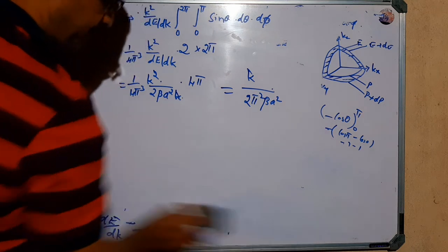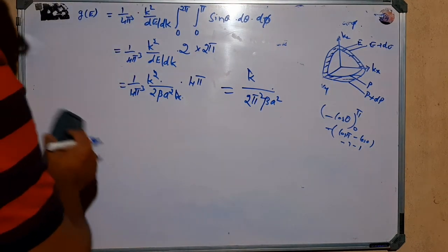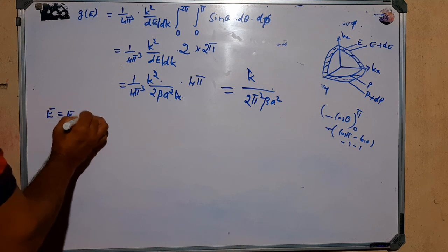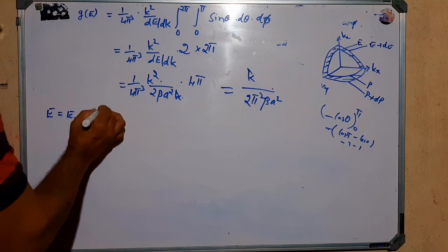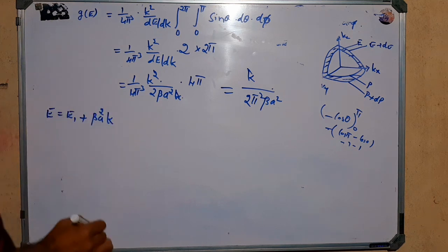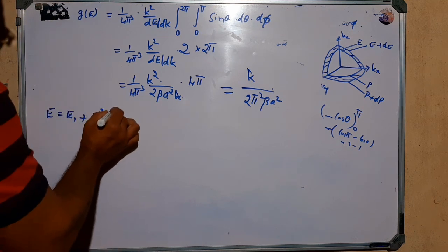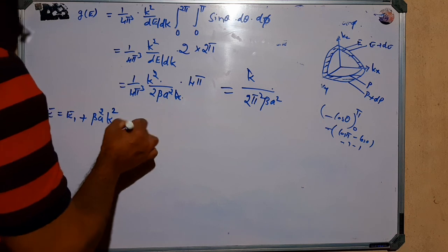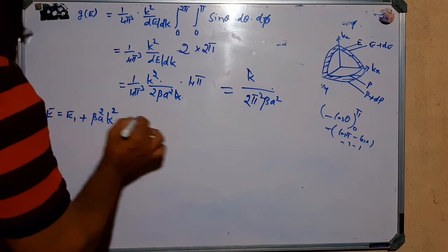So now what is the next step? Just recall the equation. E is equal to E1 plus beta a square k square, right? Recall this equation, rearrange it for k square. So just before we have written this, right?